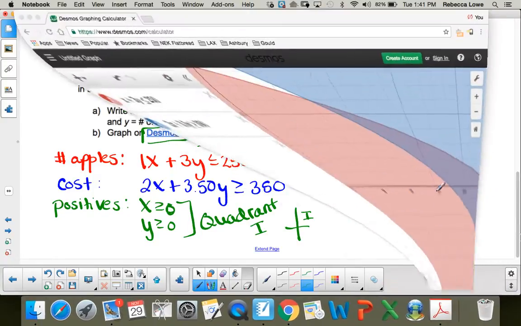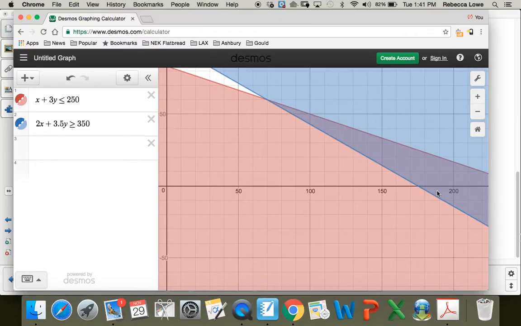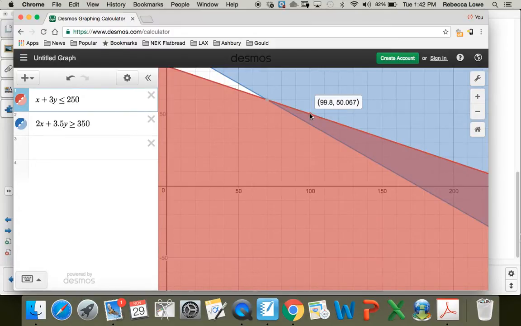Desmos is great. It can do inequalities as well. So I typed in the first inequality and the second inequality, and now I can see the shading. Anywhere in this region, this is your first quadrant right here, anywhere in this region is a possible solution. Remember, x represents the number of candy apples and y is the number of ciders. So it looks like she should be able to sell 100 candy apples and about 50 ciders.